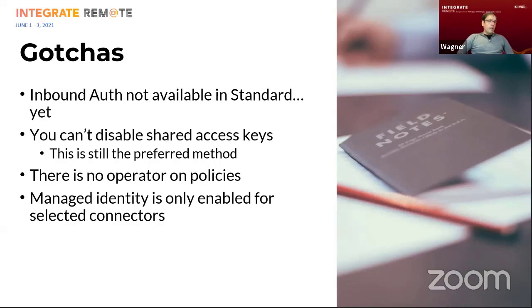There's another thing: there is no operator on those policies. You always saw there was like issuer is this value and app ID is this value, right? So if you wanted to do something like, does my list of claims contain this particular row, you're better off pushing that kind of stuff onto API management and then guaranteeing that your API management is the only thing that can talk to Logic Apps.